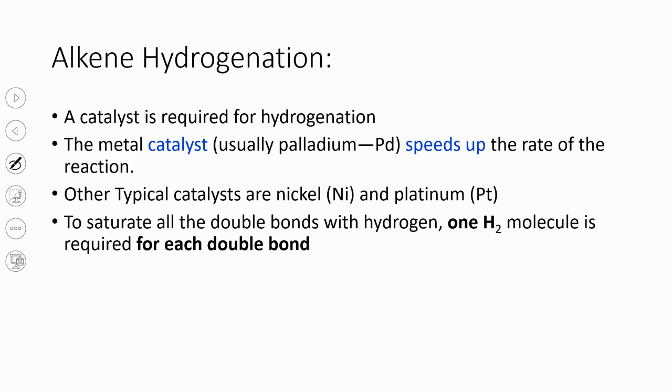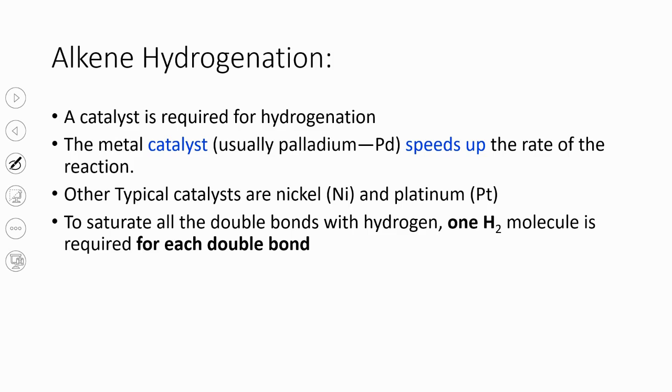And then for a reaction to occur, and for all of our double bonds to be hydrogenated, this is a 1-to-1 reaction. We need one molecule of hydrogen for every double bond that we have. So if we just have one double bond in our molecule, then we'll need one hydrogen for every one molecule.